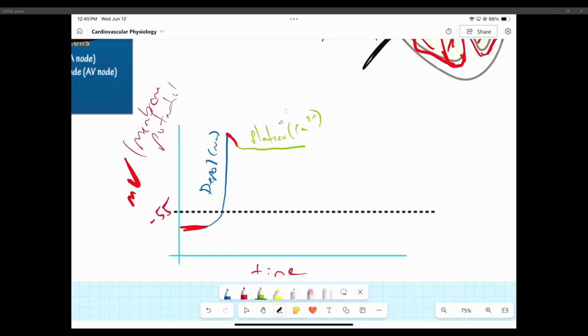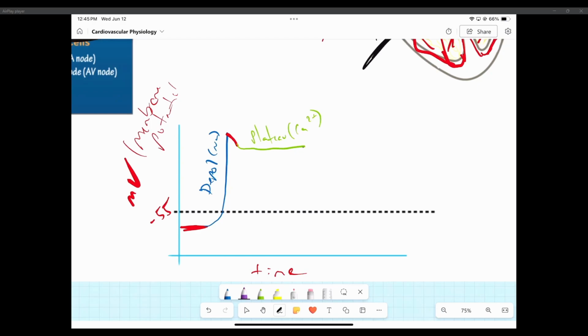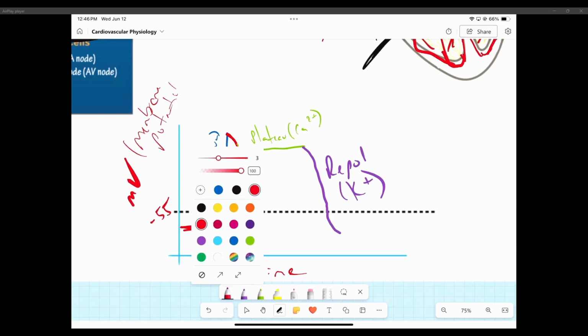Let me change the color one more time. And we have our repolarization phase. And then, as we go back down, we go right back to our ground phase 4.